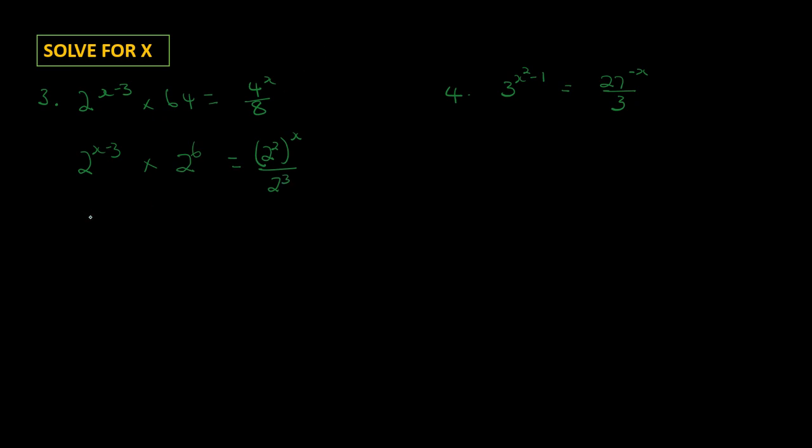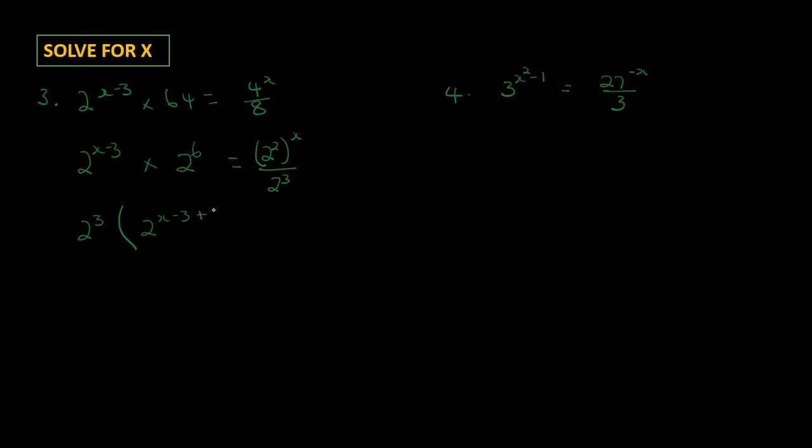Okay, now we realize that we have bases that are similar, and there are 2 bases. So 2 to the exponent of 3 comes to the left hand side, multiplying 2 to the exponent x minus 3. Can we do the addition here already?